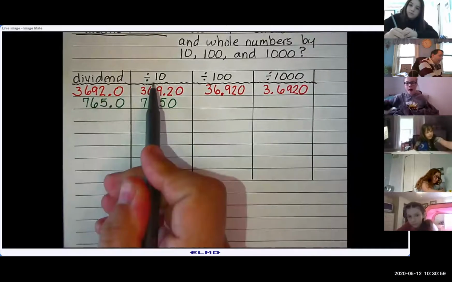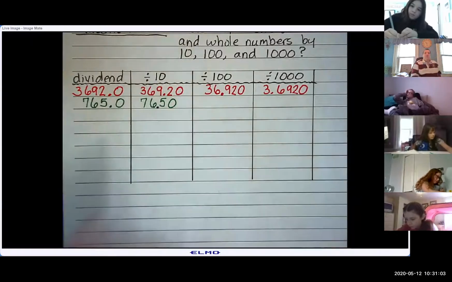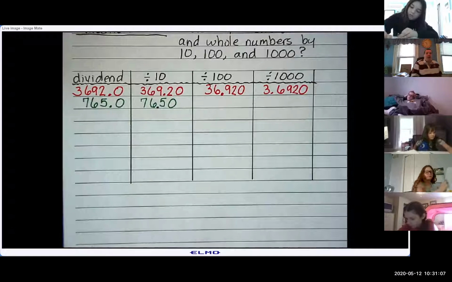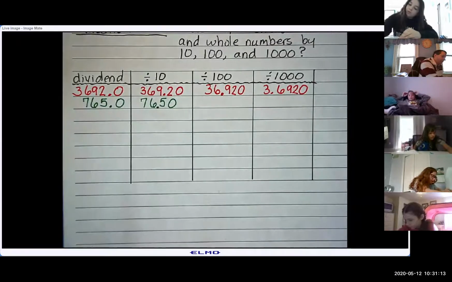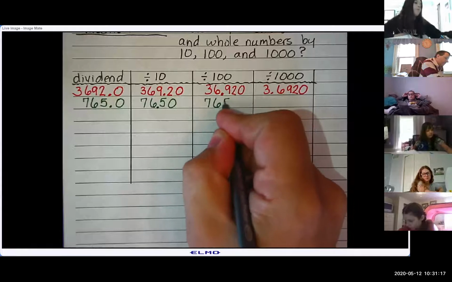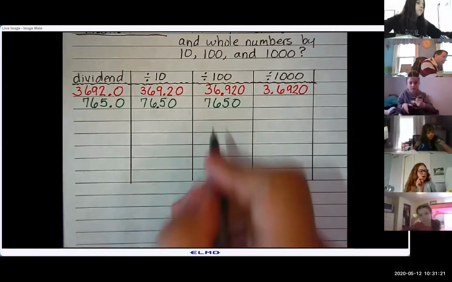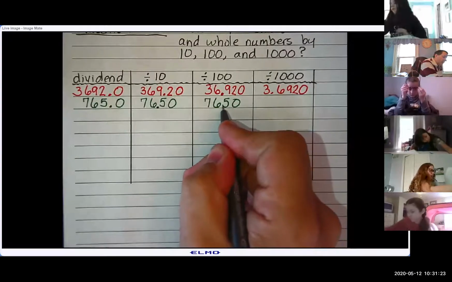Find your basic fact, write it down, and then move your decimal. Let's do that same thing again, divided by 100. 765 divided by 100. Find your basic fact. Move that decimal 2 spaces to the left. 1, 2.